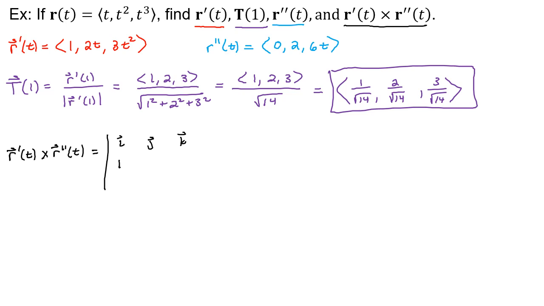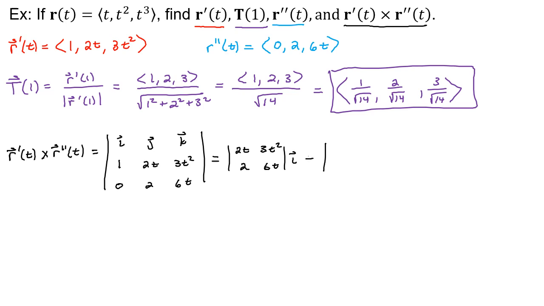Underneath you have a 1, a 2t, and a 3t squared from your r prime, and a 0, 2, and a 6t from your r double prime. So what we would have is the 2t, the 3t squared, the 2, and the 6t get used for the i. Then we have a minus.